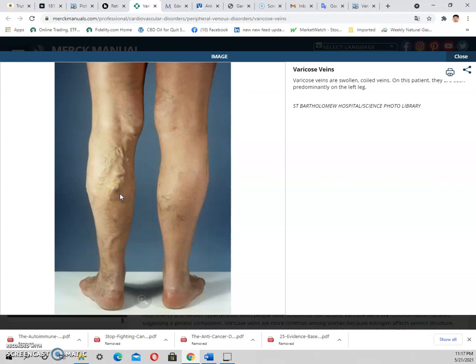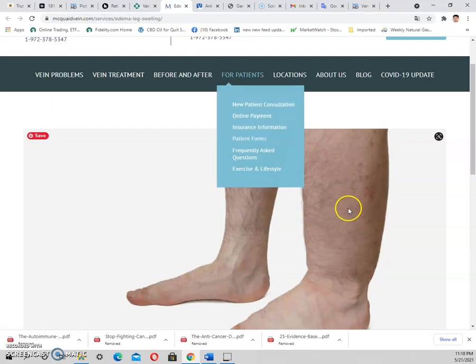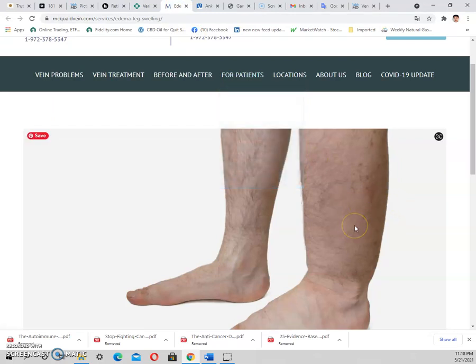If you still don't take action at this stage, the disease will surely progress to the next phase, which is swelling of the leg. We know that varicose veins occur because the valves of the vein are defective, and the blood will be retained in the leg, thus causing swelling of the leg.